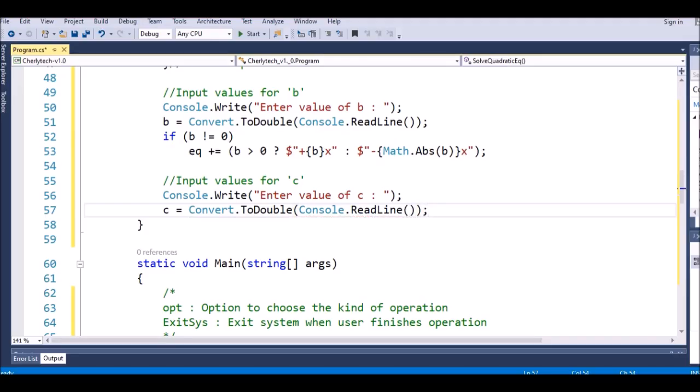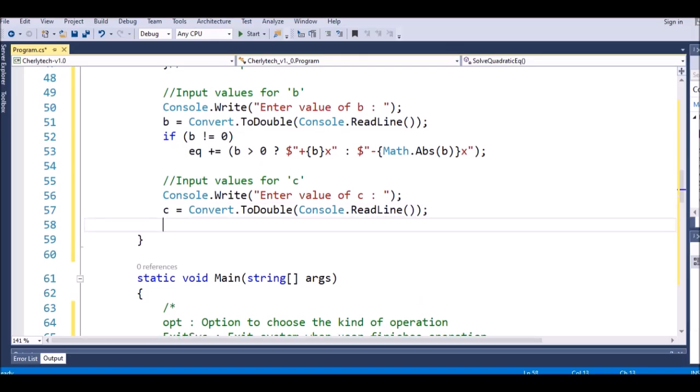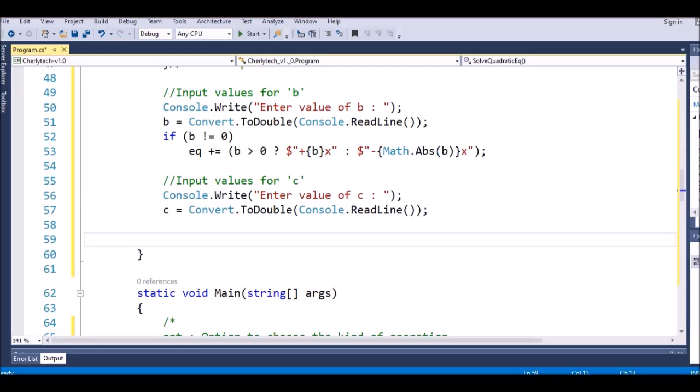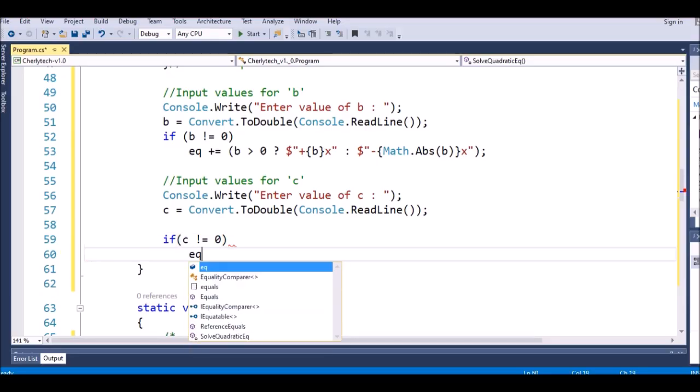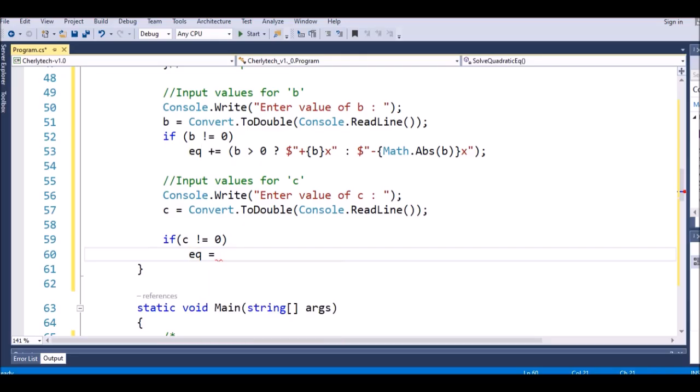Okay, so from now we have to consider whether the value of C is 0 or not. So I also use the if statement. If C is not 0, then we have our equation to be this.